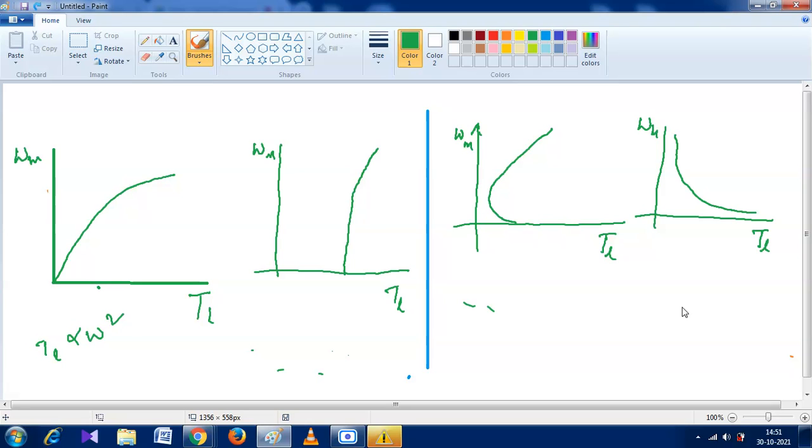In case of traction type, say a train, when the speed is near zero, we require much torque, and when the speed increases, gradually the required torque decreases. So figure 4 is the speed torque characteristic of a train.